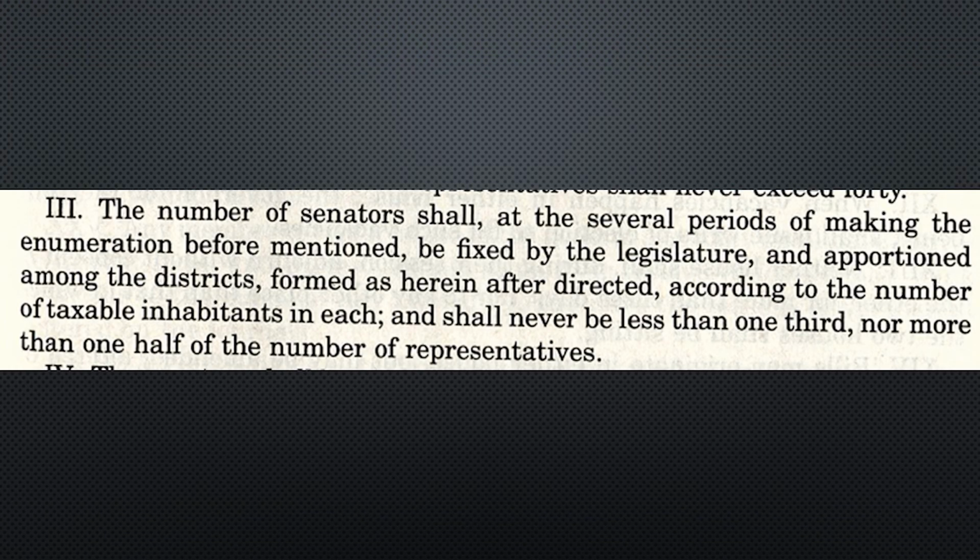The number of senators was also to be fixed by the legislature and was never to be less than 1/3 the number of representatives, nor more than 1/2 the number of representatives. Think about that. Instead of conforming the size of the districts to the number of members, they conformed the number of members to the size of the districts.